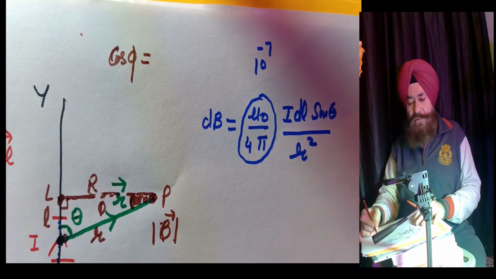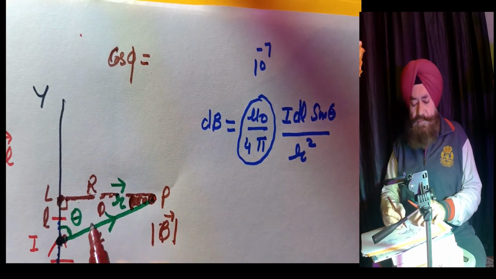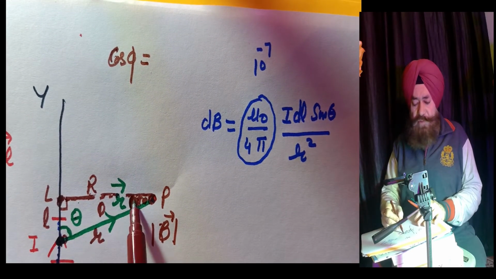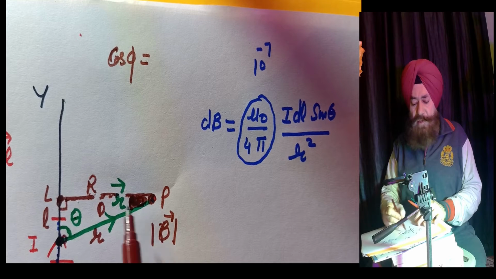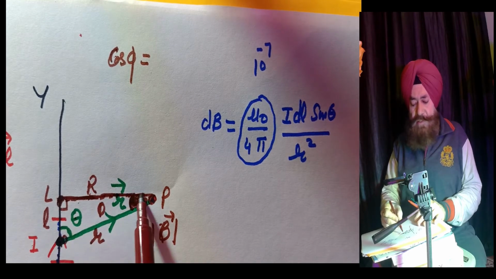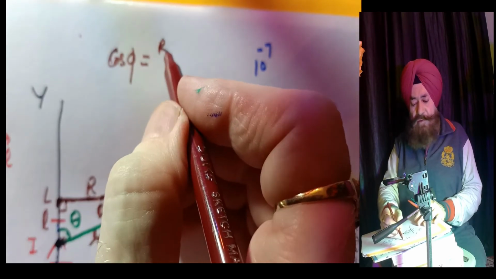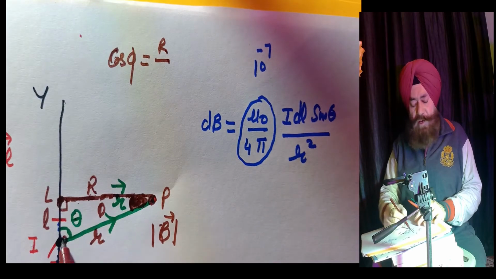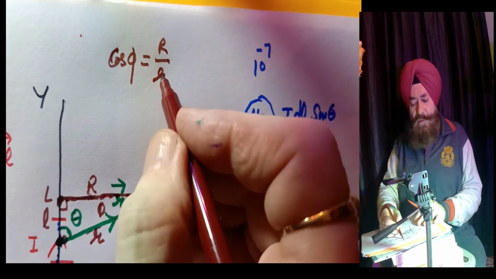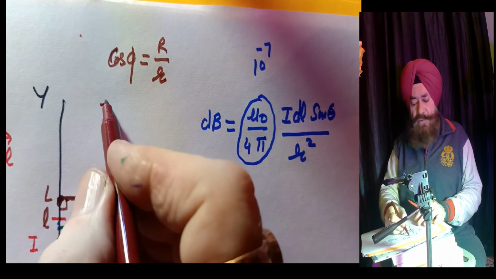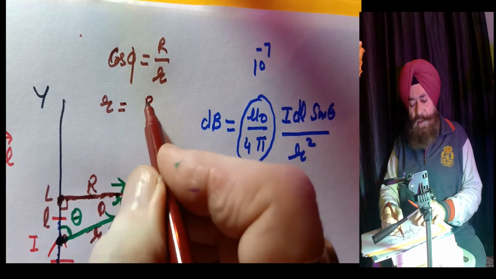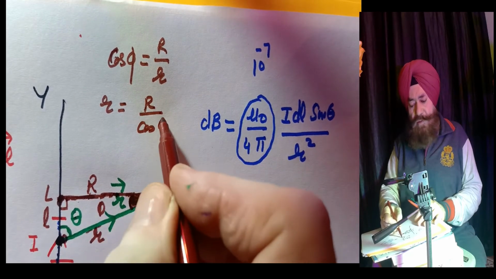Cos phi is base over hypotenuse. So this angle is phi, then this line is the base, meaning capital R, upon the hypotenuse, meaning small r. Or small r becomes R upon cos phi.